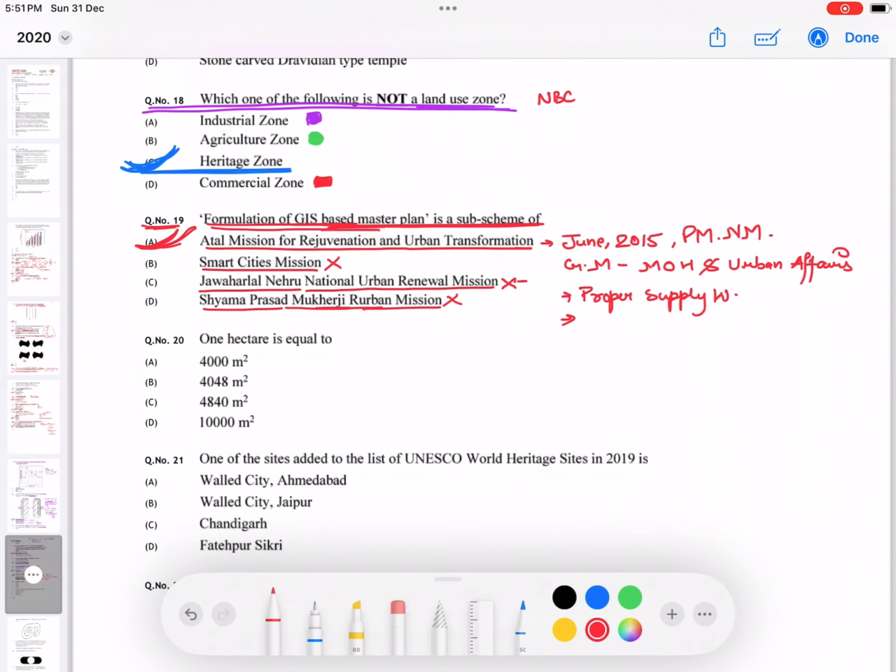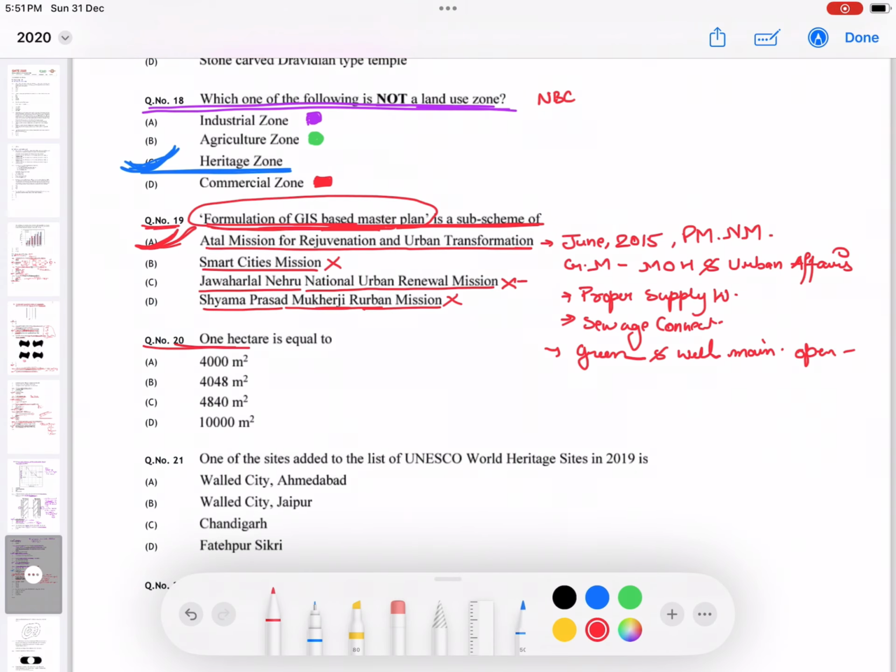Second, sewage connection. Green and well maintained open space. And there are many others, but formulation of GIS master plan is also one of the sub schemes of Atal Mission for Regeneration and Urban Transformation.